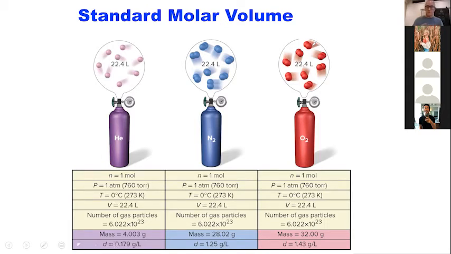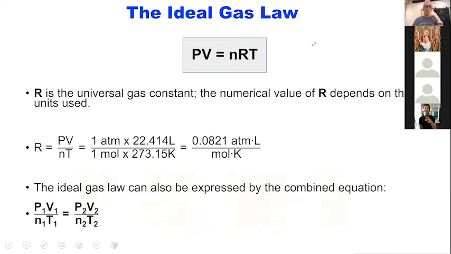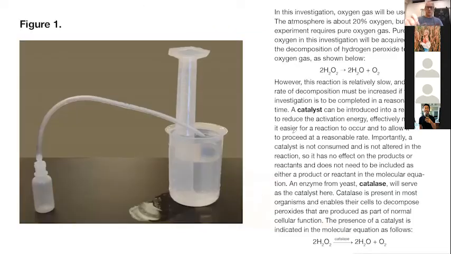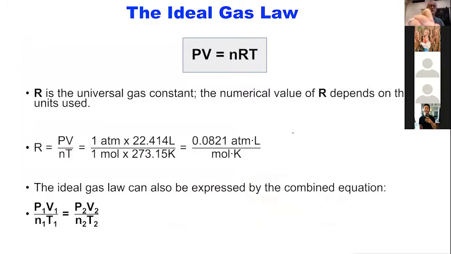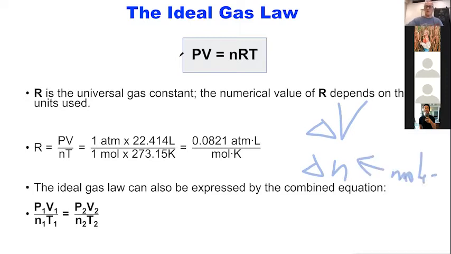So again, here's our good old friend PV = nRT. And so what we're going to be doing is determining what R is. And so what we want to do here is figure out a way to plot a change. And when we plot a change, that means delta, right? We're going to be looking at the relationship between delta V and delta N. So as we change the number of moles, what's going to be the change in the volume?